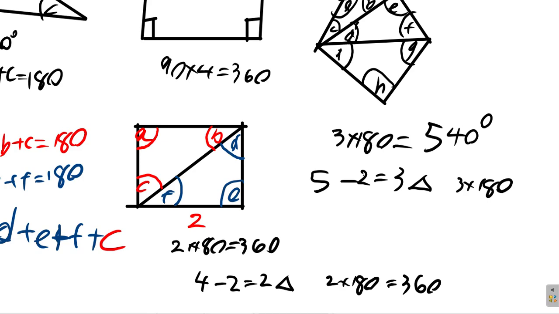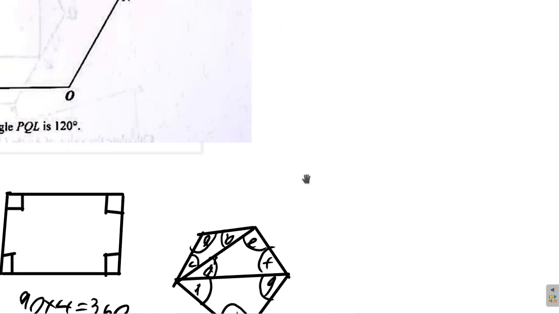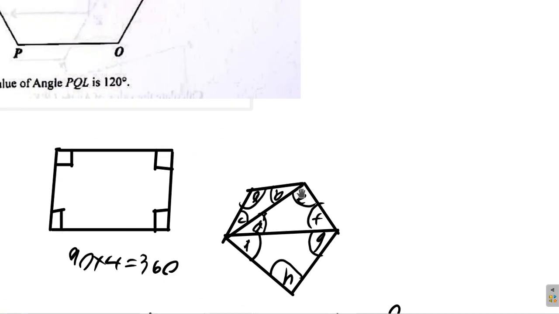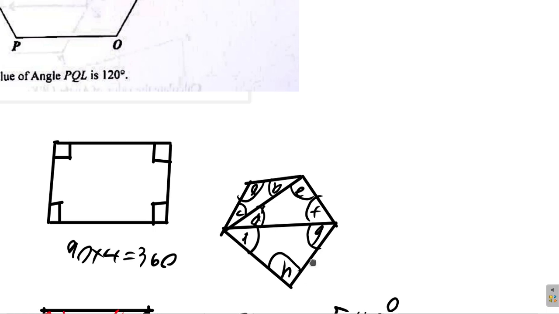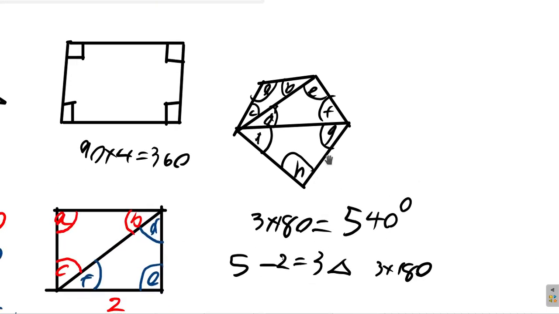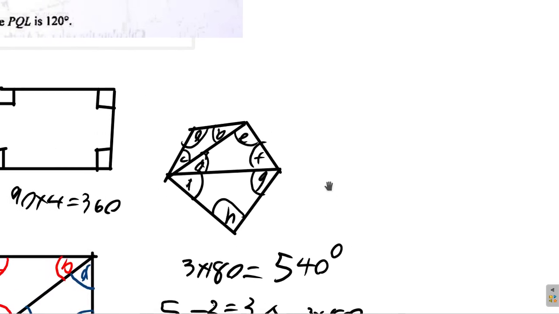So you can have any polygon. Once you divide it up into triangles by drawing diagonals, just count the number of triangles, and you get the number of 180 degrees inside. So they all add up to that.